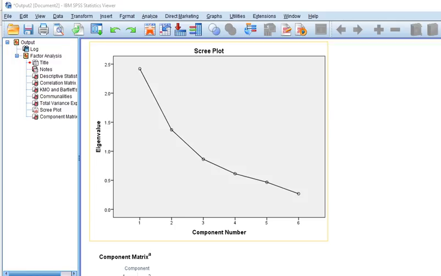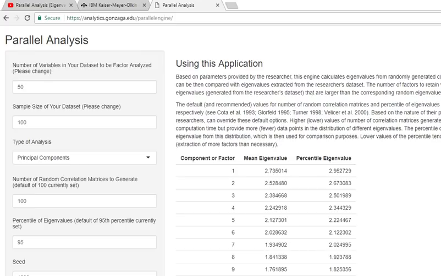One other strategy that you might adopt is parallel analysis. Essentially it involves using a simulation approach to determine the number of components, or factors if you're running a standard exploratory factor analysis, to retain.